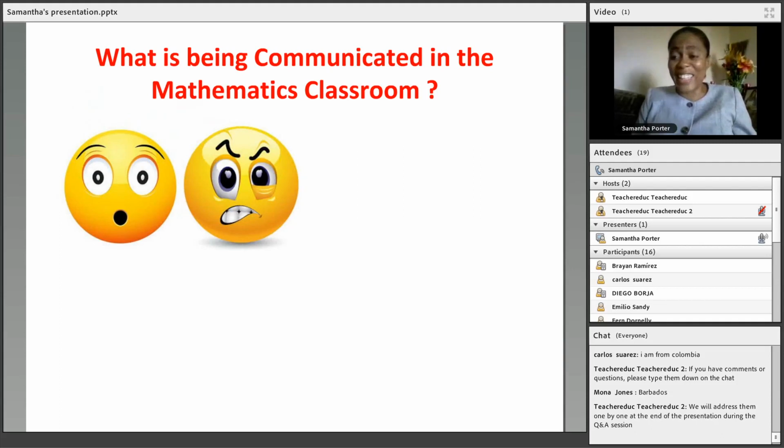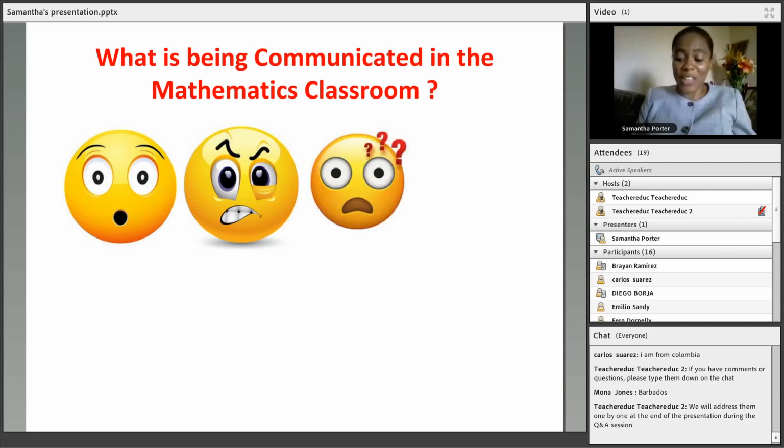I just can't get this out. What is this math all about? So when we allow students to communicate, we get to know all these different emotions that students are expressing within our classrooms. Then some students are clueless as to what to do next. They are confused. They don't know what step to take.